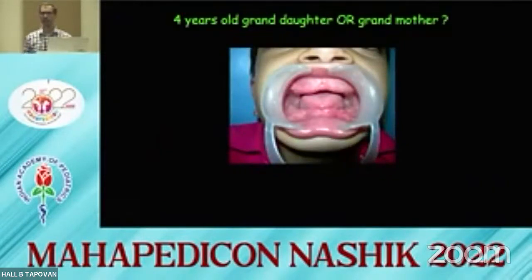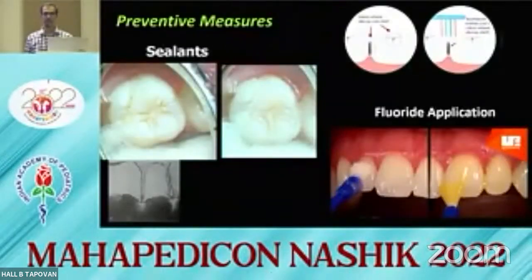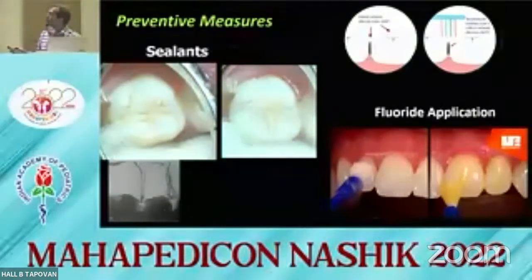Unfortunately, at times we might have to take out all the teeth just because they are not restorable and the patient reported quite late to us. There are two beautiful preventive measures available, but which are very less used in our country. The tooth can have cavities on two surfaces.